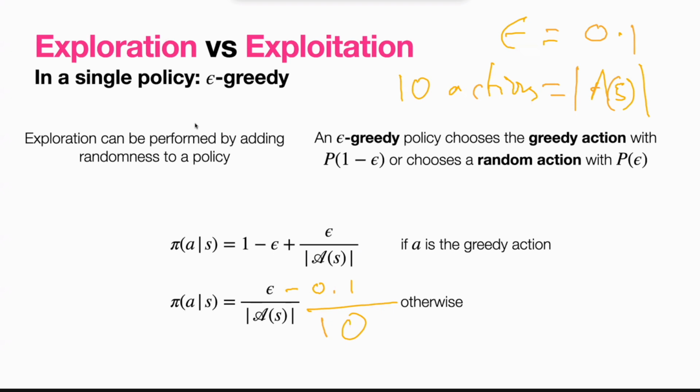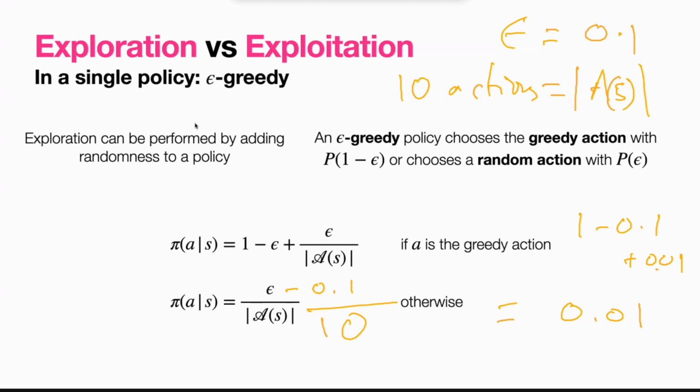So we're going to have 9 actions that have probability 0.01. And then this one is going to have 1 minus 0.1 plus 0.01.